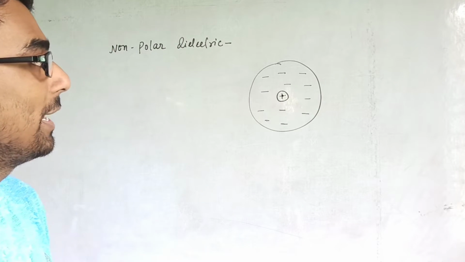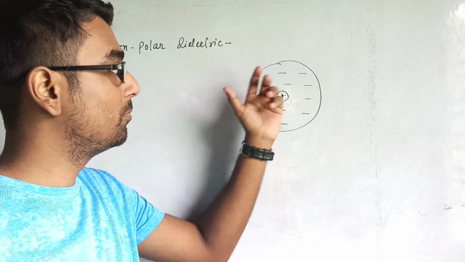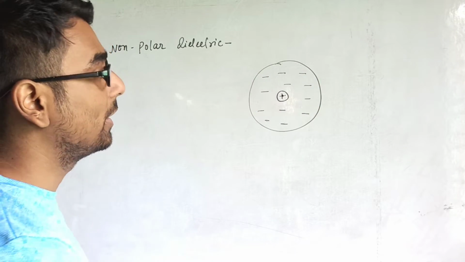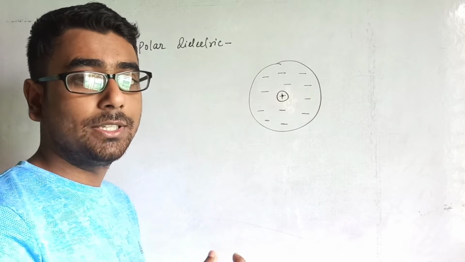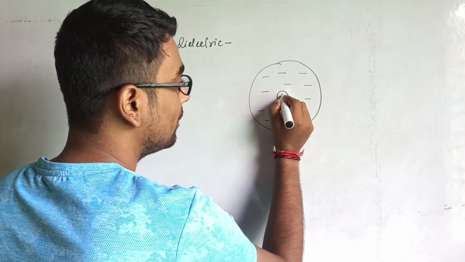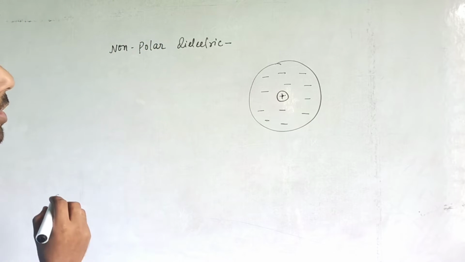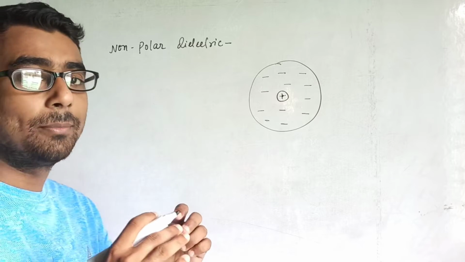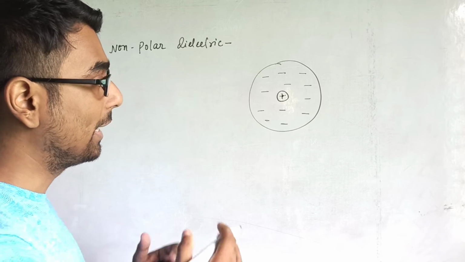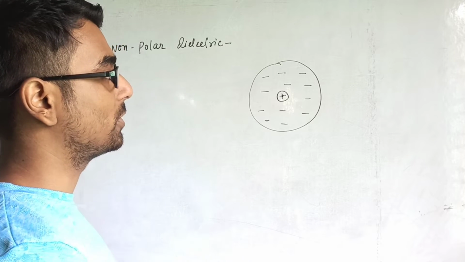In a similar way, as the electrons are uniformly distributed over the whole atom, the center of gravity of the whole negative charge will lie at the same point. So there is no separation between the center of gravity of negative charge and the center of gravity of positive charge.